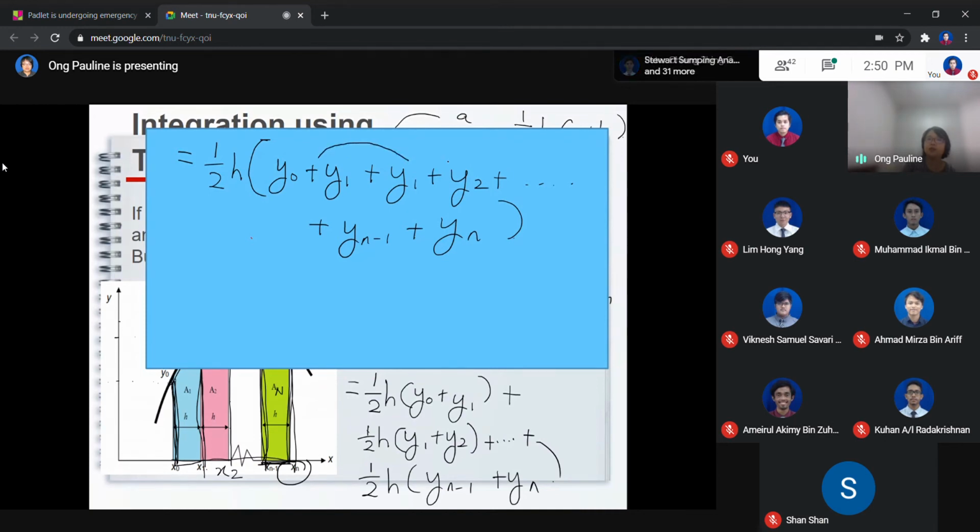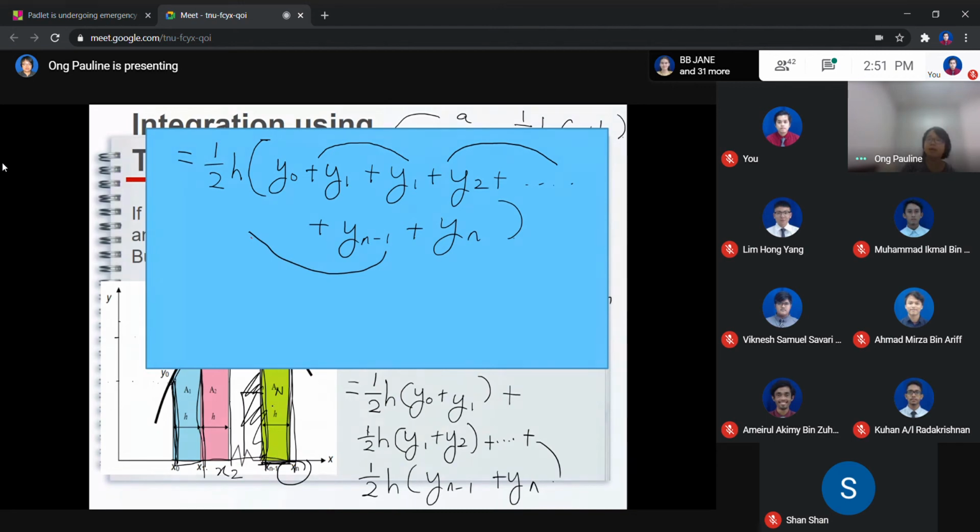Here you also have y2 plus y2 from the area of the third trapezium, and also yn minus 1 plus yn minus 1 from the second last trapezium.